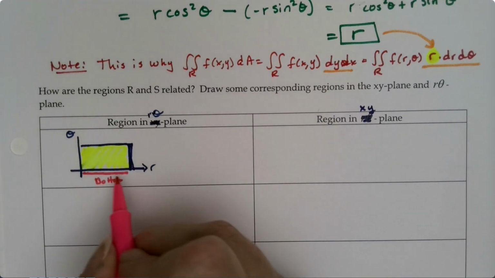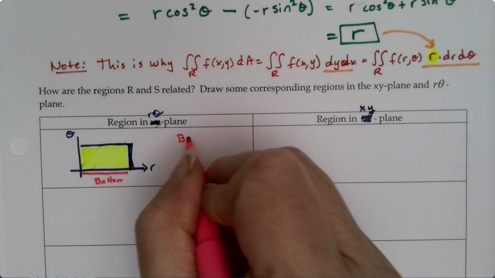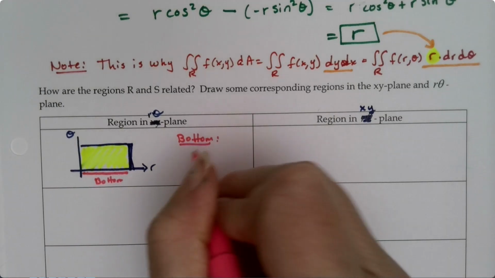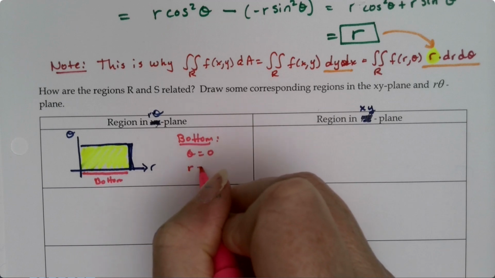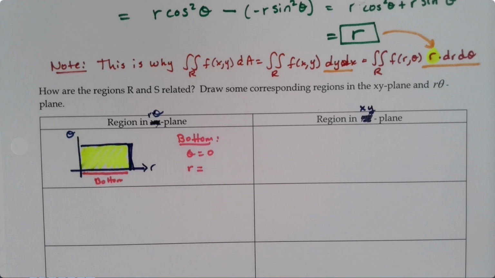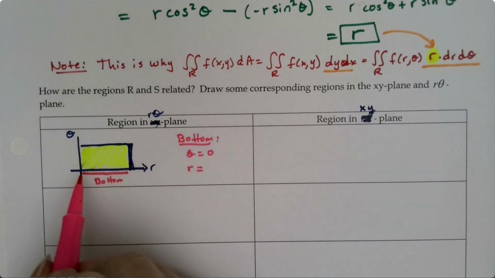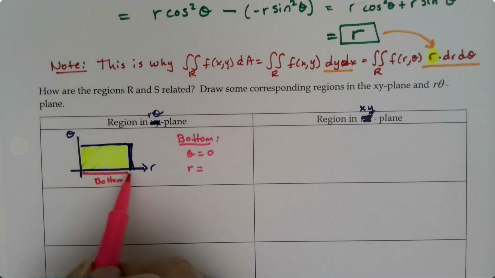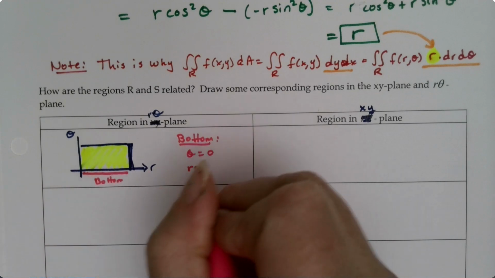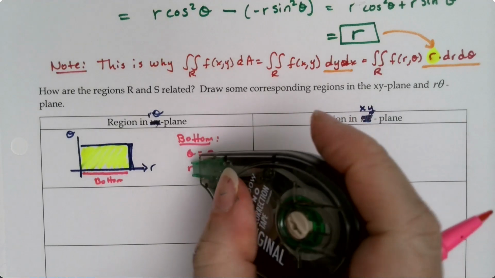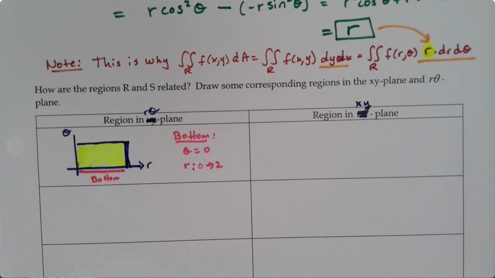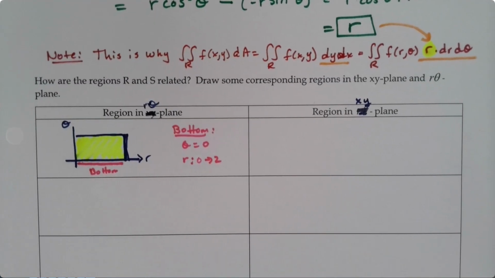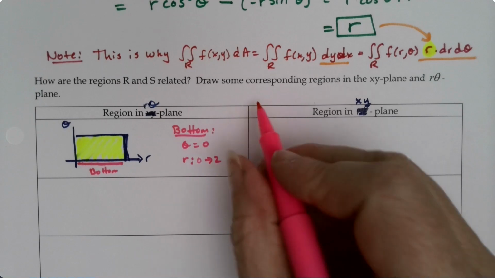On this bottom line, theta equals 0 the whole time, and r, well, it transforms, right? So theta equals 0, and it starts here at 0, and it goes all the way to 2. So r, let me put a colon after that instead of an equal sign. R goes from 0 to 2. Okay, so how would that start?